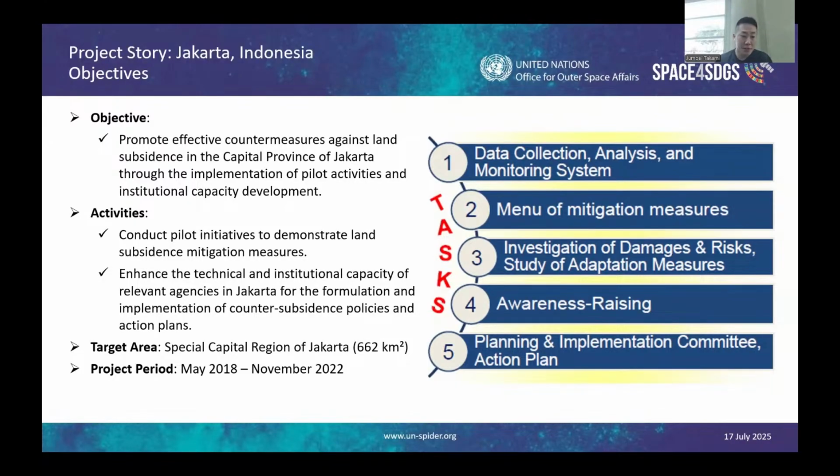The target area is the capital region of Jakarta, mainly focusing on the northern part, which faces severe land subsidence, but the southern part has another land subsidence issue, so we are expanding to the southern part as well.